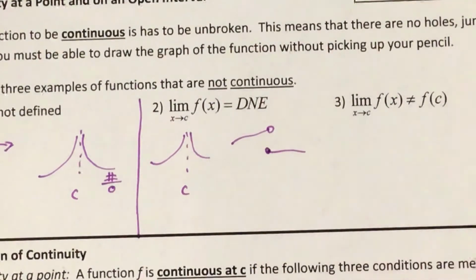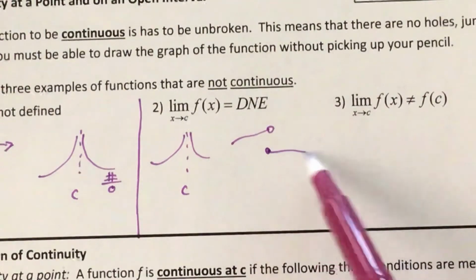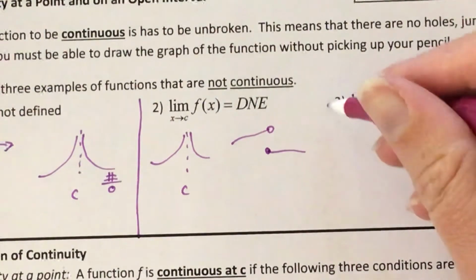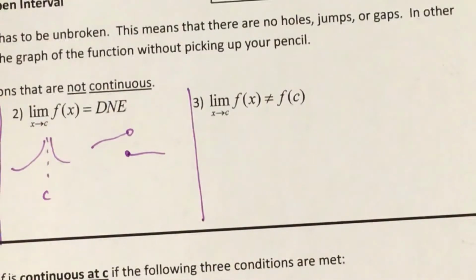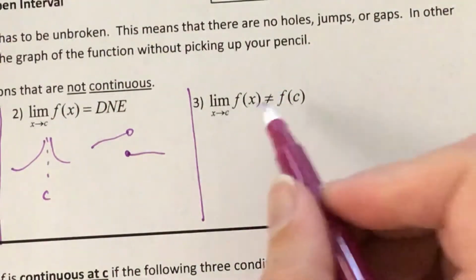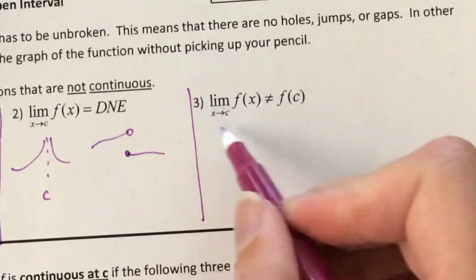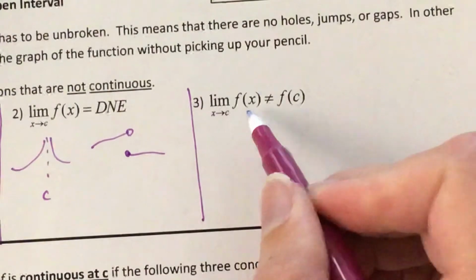You can see that this function is not continuous because you follow here and then you have to jump and pick up your pencil to be able to draw the second half of that graph. And number 3, where the limit as x approaches c of f of x does not actually equal f of c. So this means that the two sides go to the same spot.